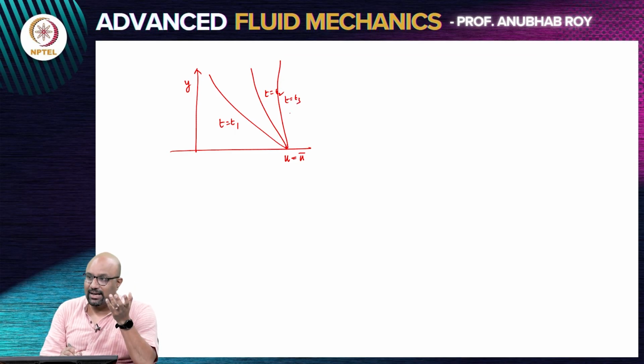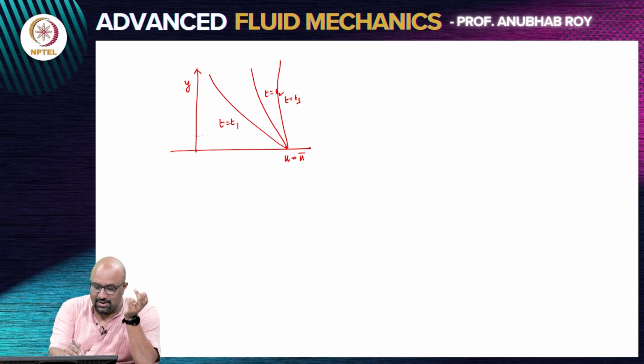What our approach is telling us is that the fluid velocity at a given height, at a given time, is going to be the same at a different location at a different instant in time. So, if this was the fluid velocity that I am measuring at time t1, which is at location y1, you will observe the same fluid velocity at a later time, let us say t2, at a different location y2.